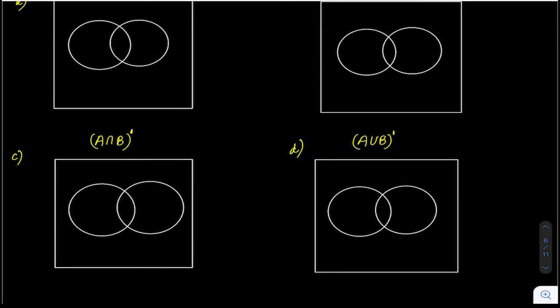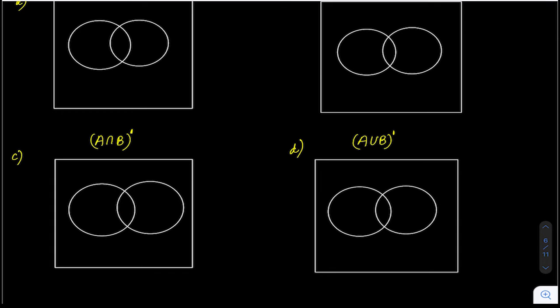The case says we will just shade the part that is A intersection B complement. We know A intersection B is the common area that is there in both the circles. Now what is A intersection B complement?